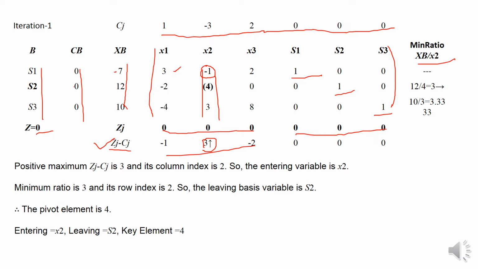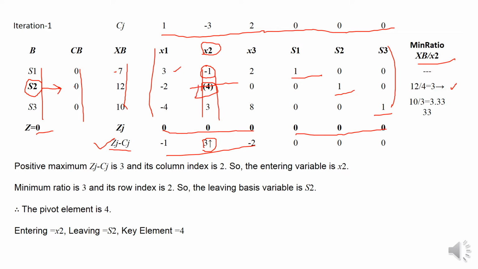So we got 3 as the minimum. It means the row corresponding to this, that is s2, is the leaving variable. So x2 is the entering variable, and s2 is the leaving variable. Wherever this column and row cut, that element is the pivot element or key element.